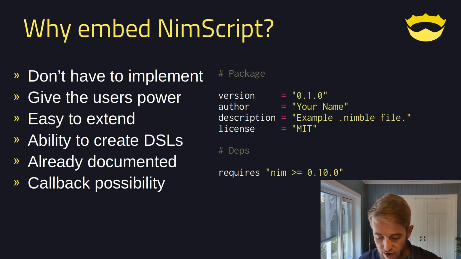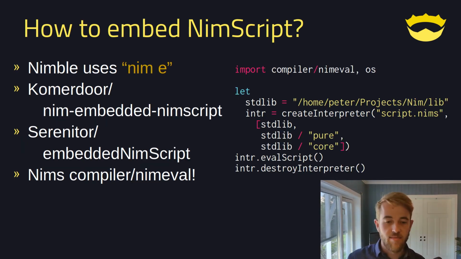So how do we do it? How do we go about embedding NimScript into our programs? I first started looking at Nimble, which was the obvious starting point. But it uses what's sort of known as nim e, which is execute, I believe, which just runs a NimScript file.